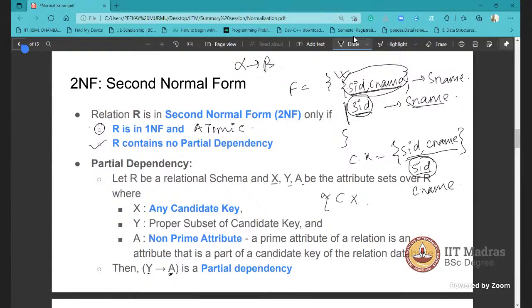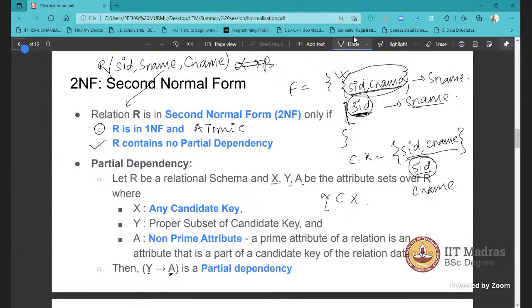So for that we need to decompose this particular relation. The relation contains the following attributes: SID, SNAME, and CNAME, right? So first we decompose, because this particular functional dependency violates the second normal form.